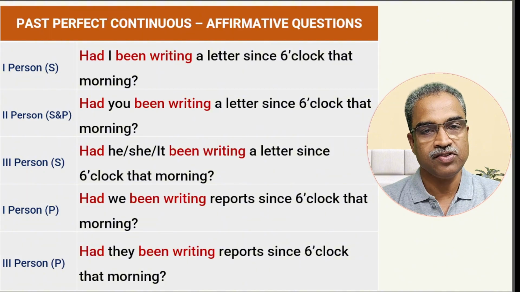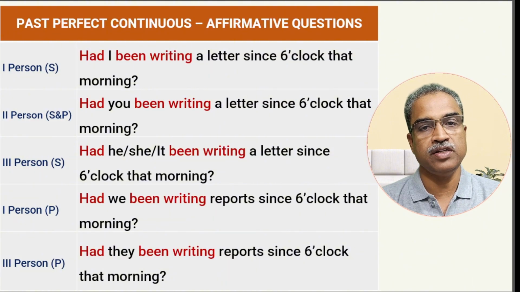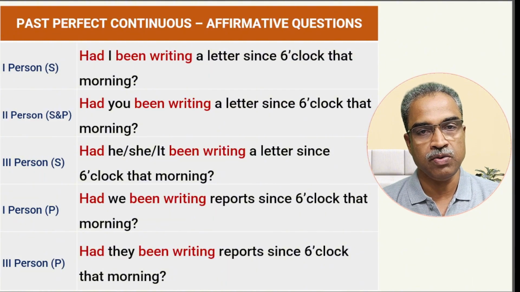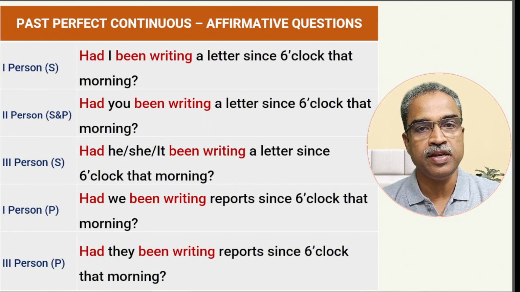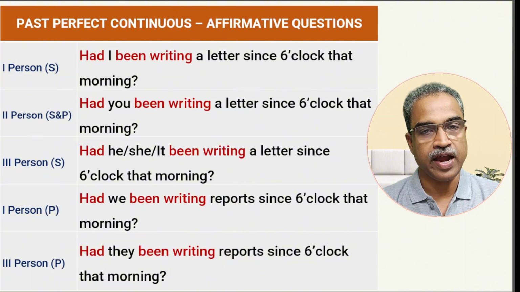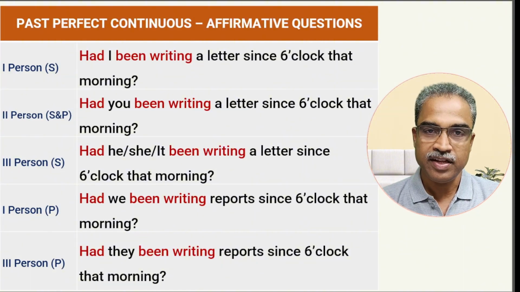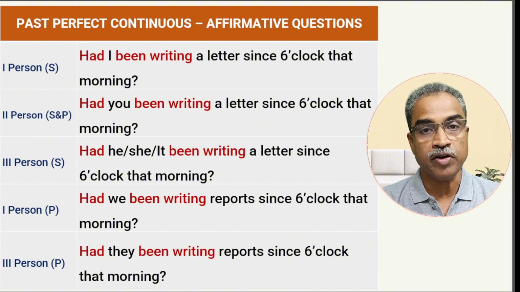And the next one, first person plural. We had been writing a letter. How will we change it now? Had we been writing a letter? And then they, third person plural. They had been writing a letter. Had they been writing a letter? Had they been writing a letter since 6 o'clock that morning? This is how we ask questions.